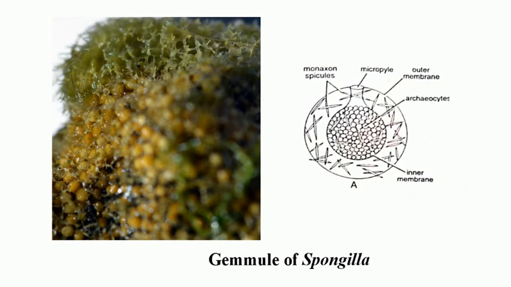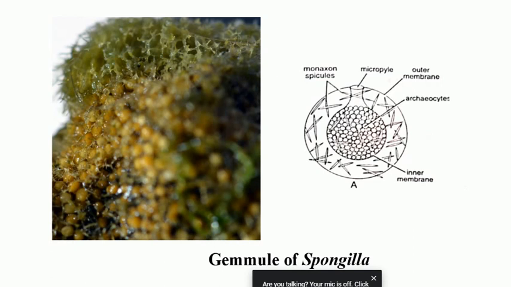Unfavorable condition means, because they are present in the freshwater region, sometimes the water level goes down, okay, or the temperature rises too much. So those are the conditions which are unfavorable. So upon those conditions, these sponges, in order to protect their progeny, have to reproduce.